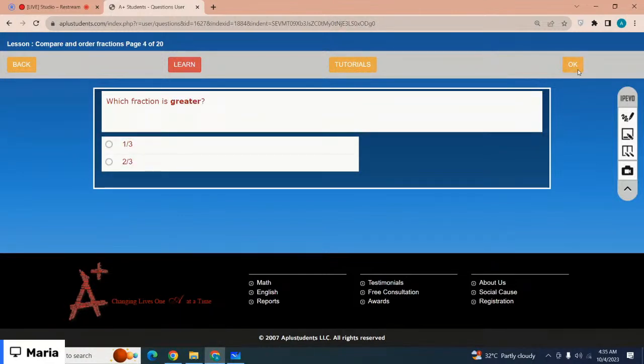Which fraction is greater, 1 over 3 or 2 over 3? Yes, 2 over 3 is the greater one. Very good.